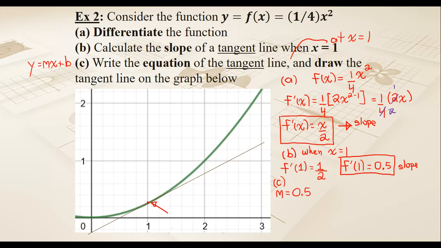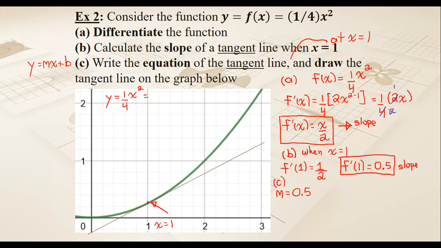So what I can do is take the equation 1/4 x squared, and by plugging in x equals 1, figure out what the value of y is, and then I can figure out what the tangent line is. So we know y is equal to 1/4 x squared. Both the tangent line and the curve touch each other at x equals 1, so that's a common point they share.